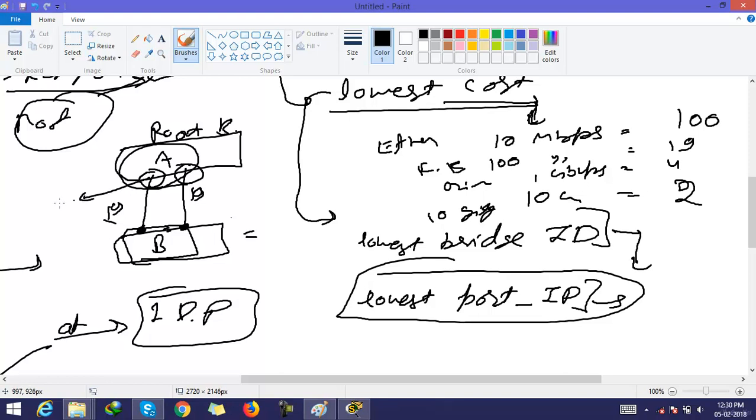For example, this is FA0/1 and this is FA0/2. Then we select this port as the root port because the upstream switch's port has the lowest port ID. This way, every non-root bridge elects the root port.